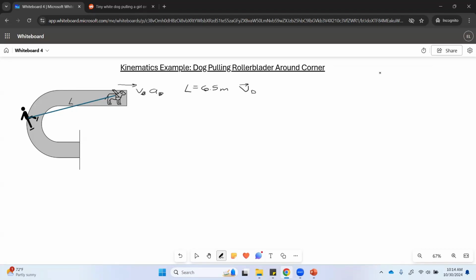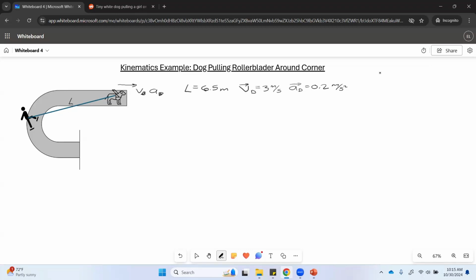Velocity of the dog equals 3 meters per second. Acceleration of the dog equals 0.2 meters per second squared. These are both in the positive x direction.